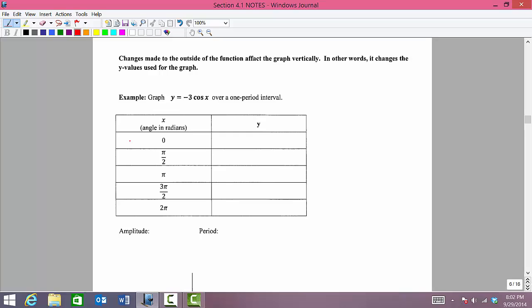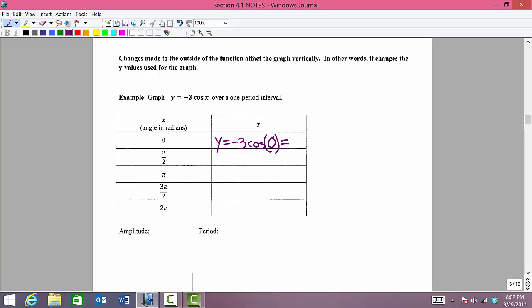What if I multiply my cosine function on the outside by negative 3? We want to see what happens when I make that change to my cosine function. So we're going to use these as our x values, our angles. So y equals -3 times cosine of 0.